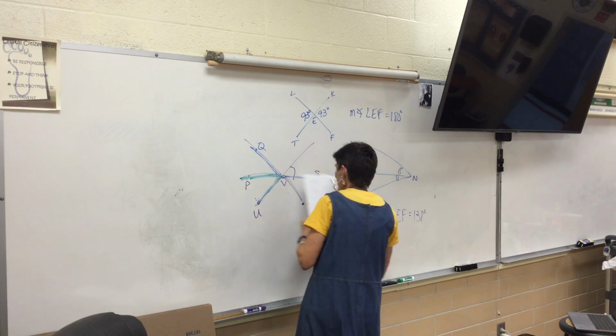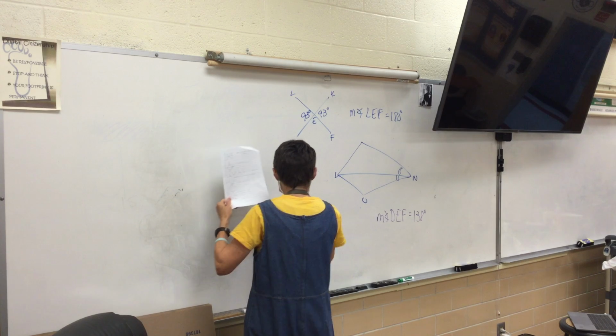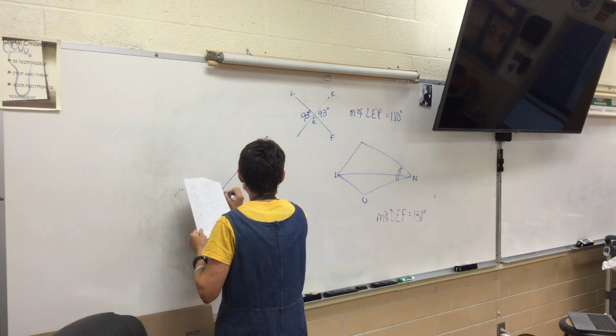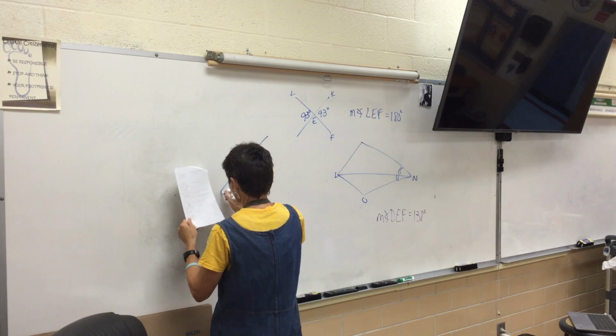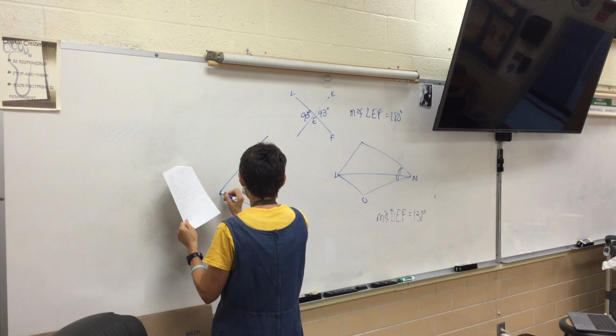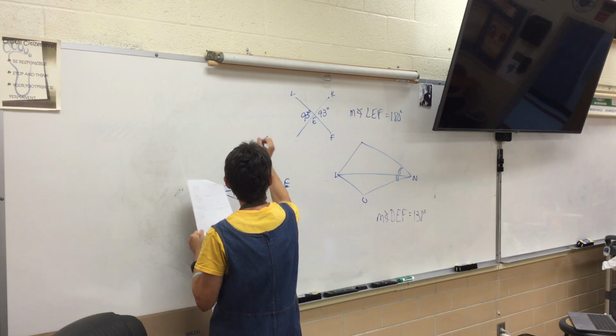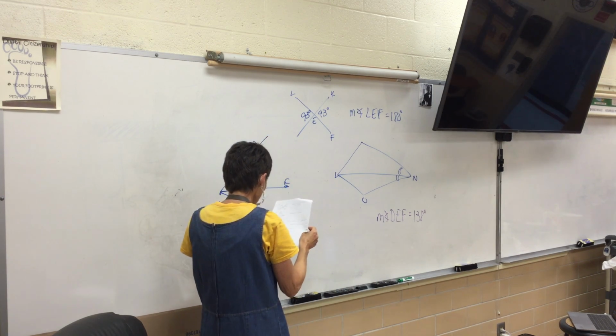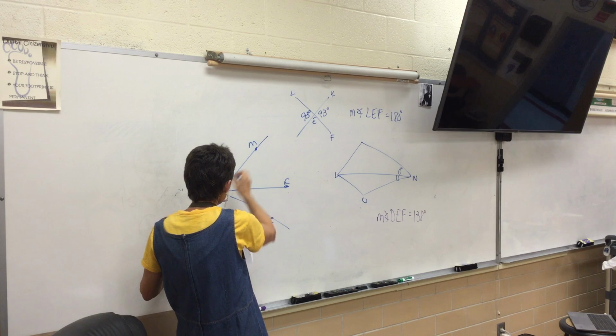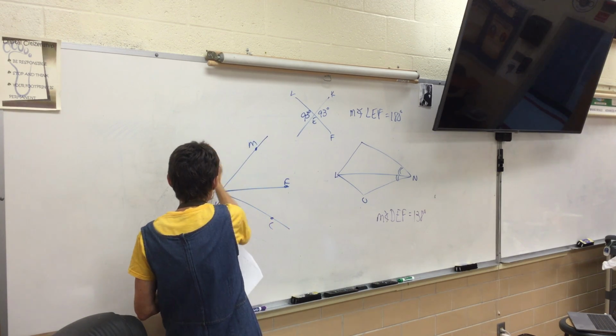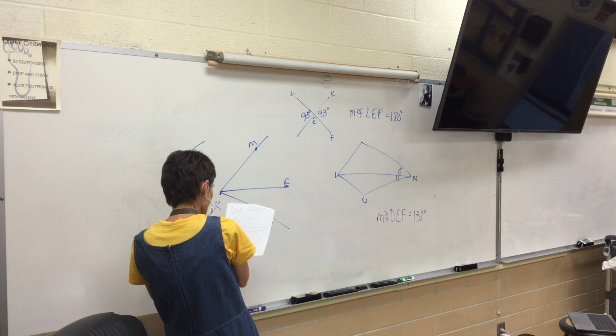All right, number 8. This has a lot of questions. Number 8. So we have F, C, K, M. And we know the measure of angle MKC, so we know the whole thing is 88.